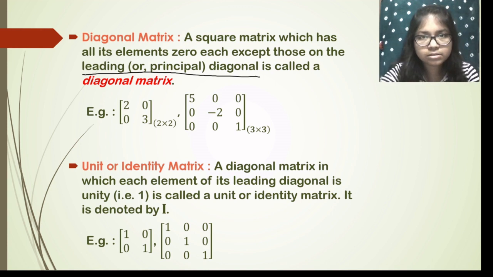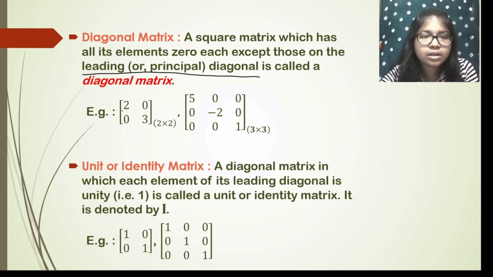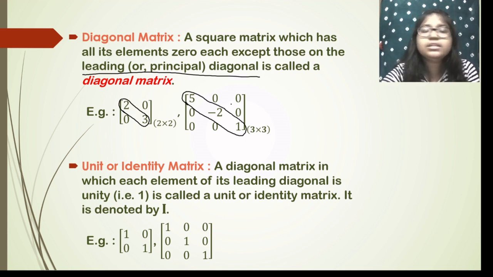In case of matrix, remember diagonal elements means the left diagonal elements. This is the left diagonal. Right diagonal is not considered. So if in any question diagonal elements is given, you should always consider the left diagonal.